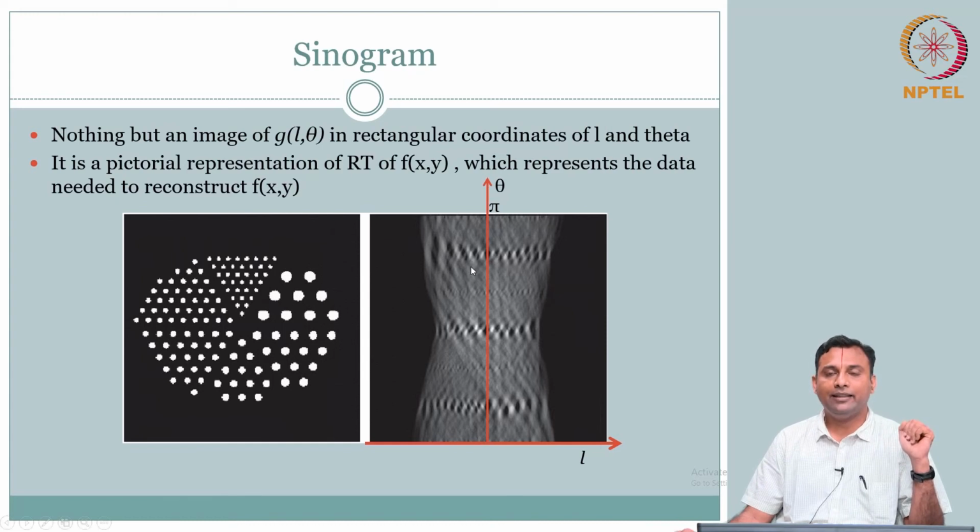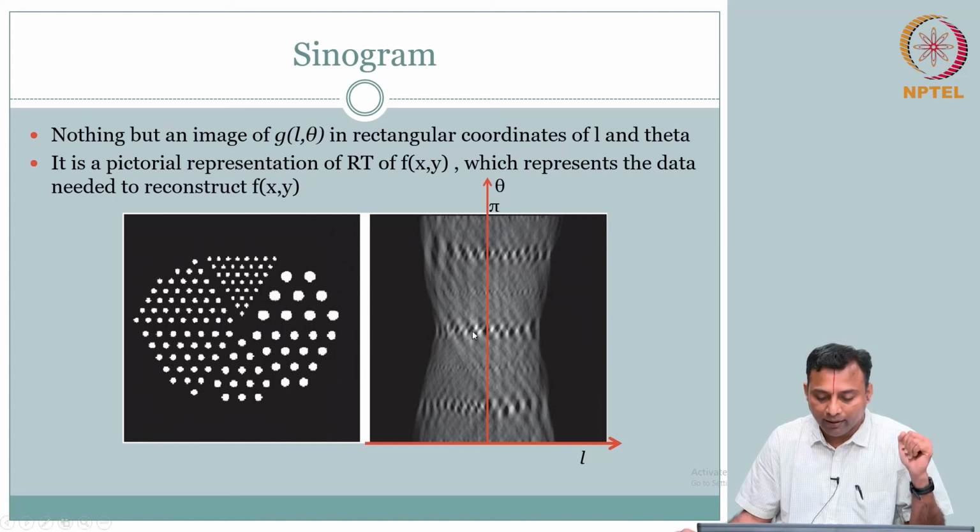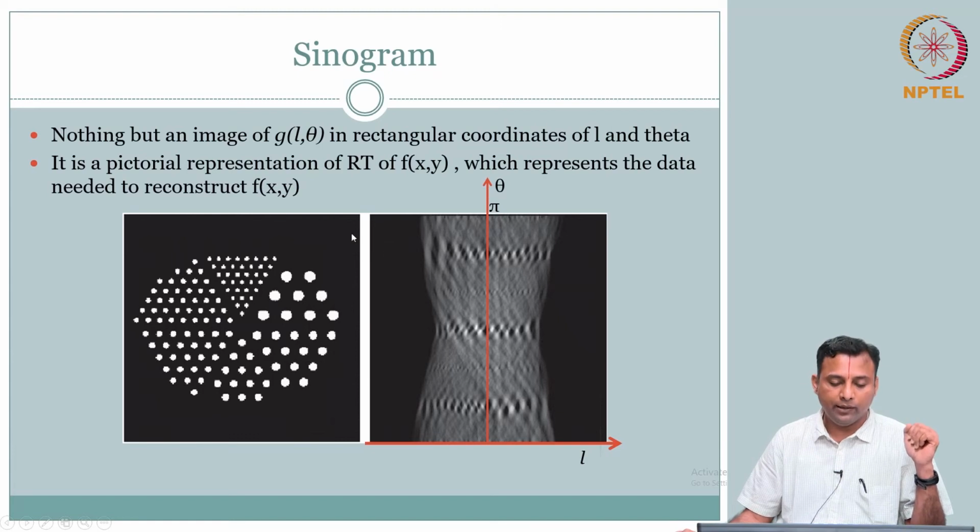However, you also see there are some bright spots, dark spots, cancellations. Where is that coming from? If it is bright, it so happens that at that angle some of these whites align themselves so that it is high. When it is dark, maybe it is cancelling.